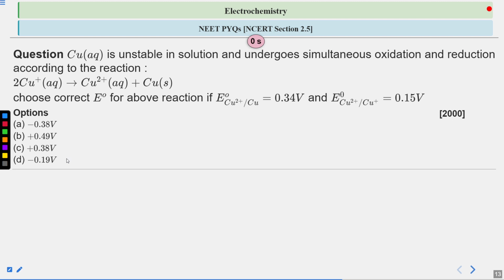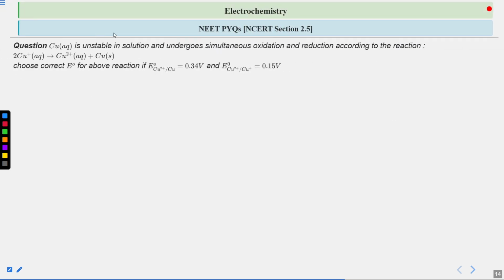Okay, let's see. For this given question, the correct answer is option C, that is positive 0.38 volt. So this is the reaction given, 2 Cu+ converting to Cu2+ and also to copper in the neutral state.